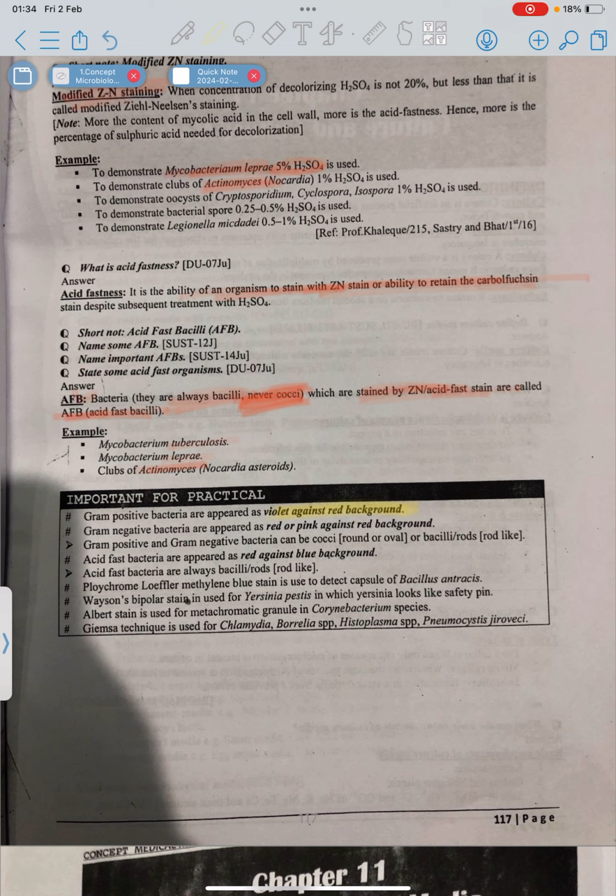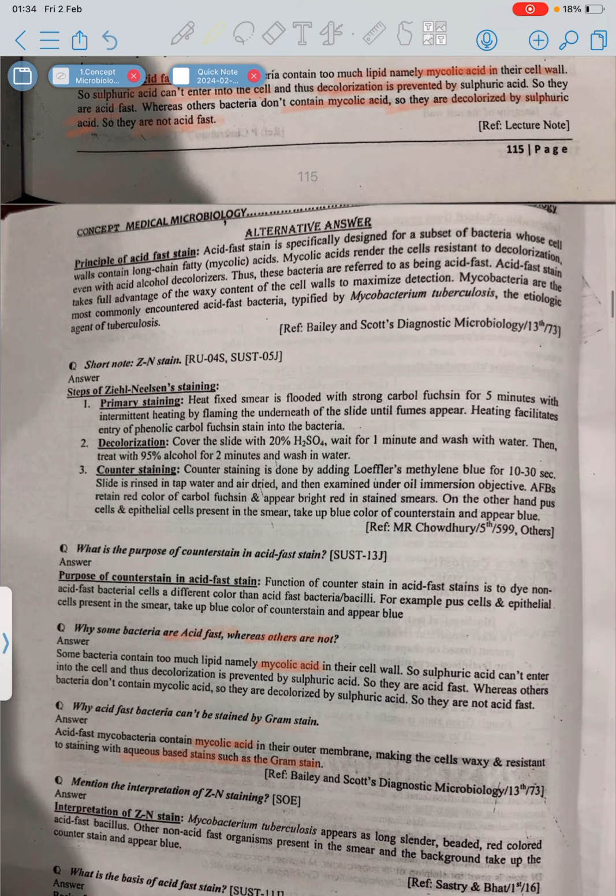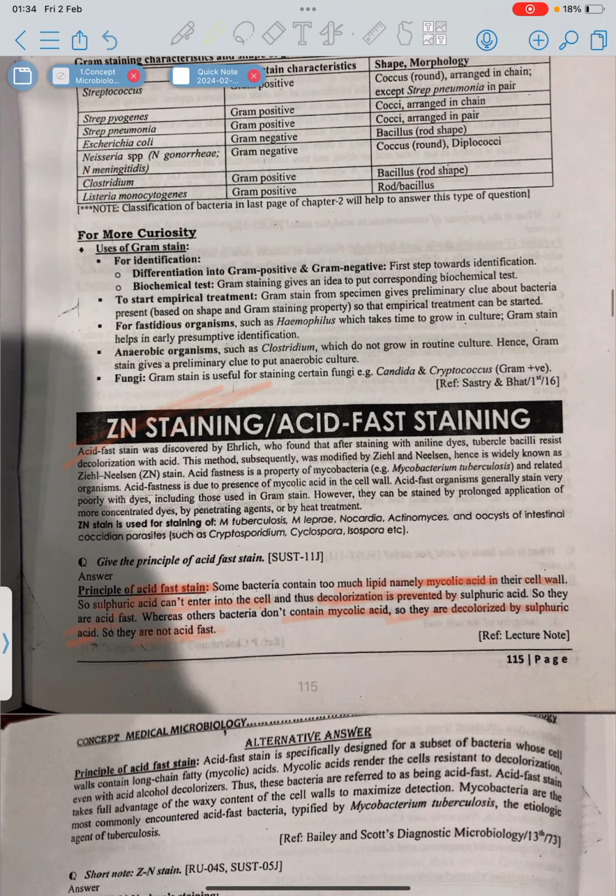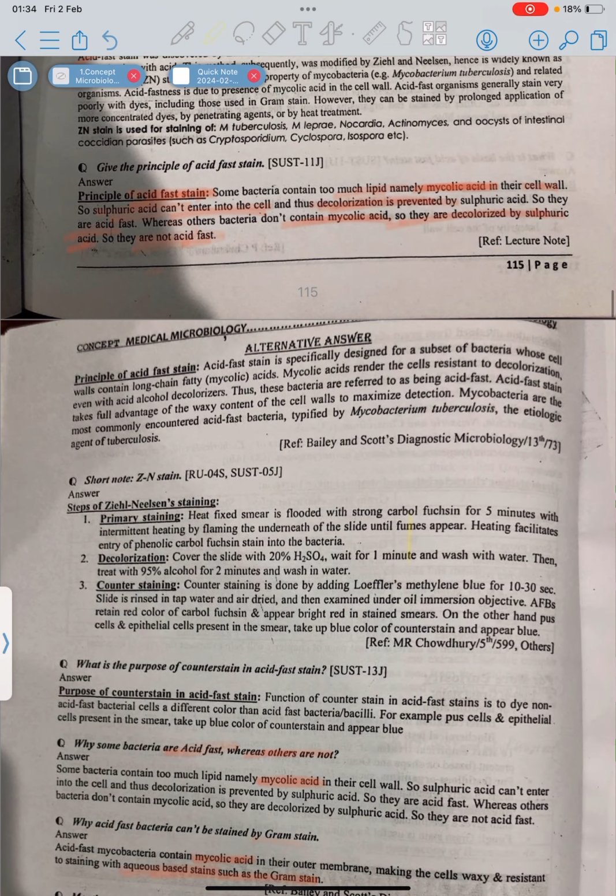Gram negative appear as red against red background. Then acid fast bacilli appear as red against blue background. That's it. And talking about the method of Ziehl-Neelsen staining, we know primary staining is by carbol fuchsin, decolorizing by H2SO4, and counter staining by low fluorescence methylene blue.